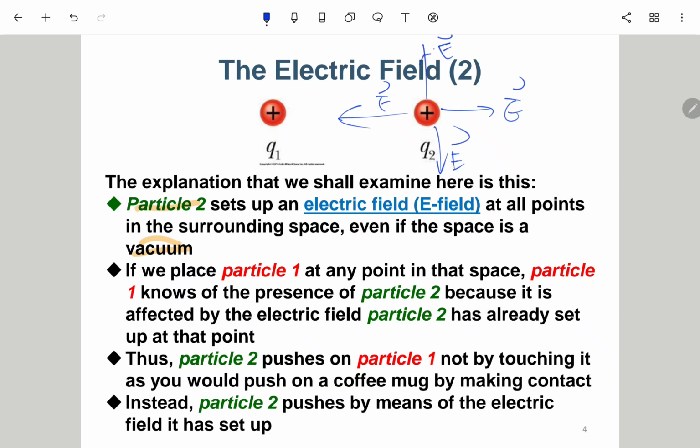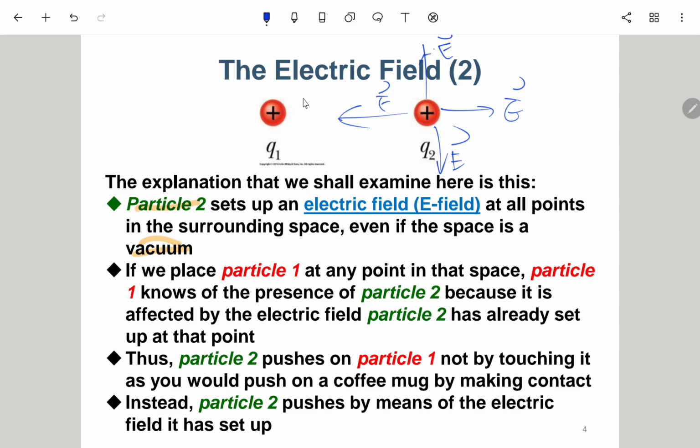就是在空间上面每一个点都会产生一个场啊，这个叫做电场 E field. Okay, so if we place particle 1 at any point in that space, particle 1 knows the presence of particle 2 because it is affected by the electric field particle 2 has already set up at that point.